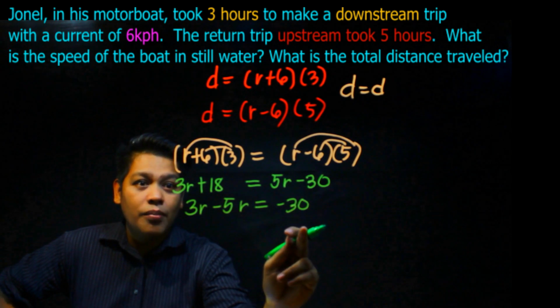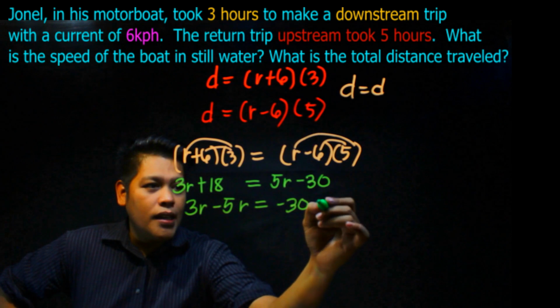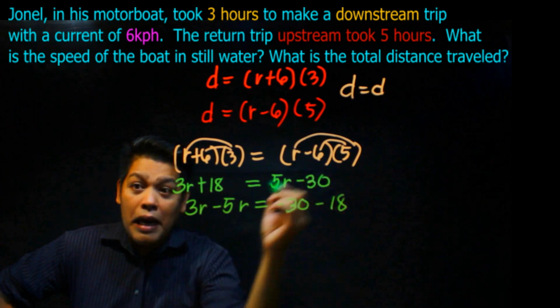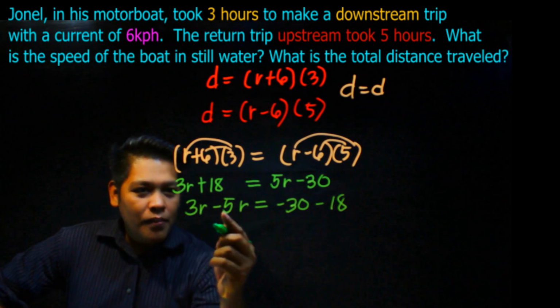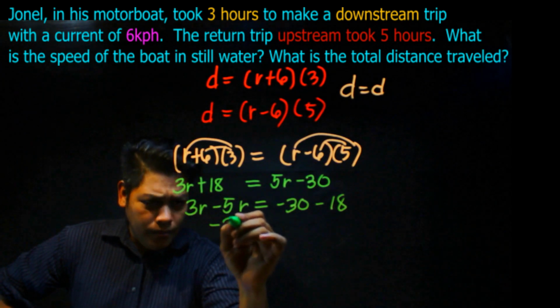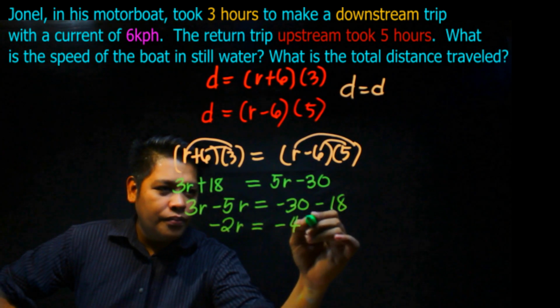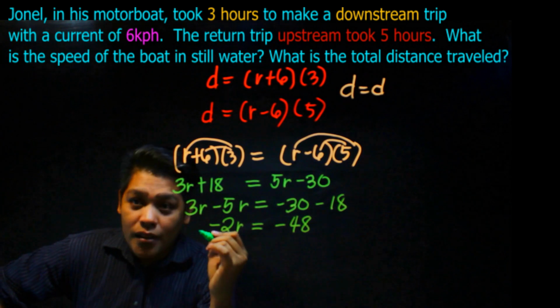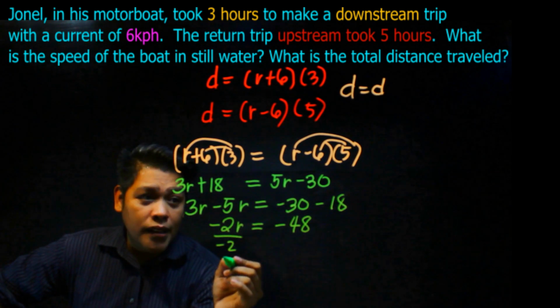Hindi natin ilipat yung negative 30. Ilipat natin yung 18, so magiging negative 18. Pasensya na kayo sa aso. Okay. So, 3R minus 5R is negative 2R equals negative 48. Then, we will divide by negative 2 para R na lang matitira.